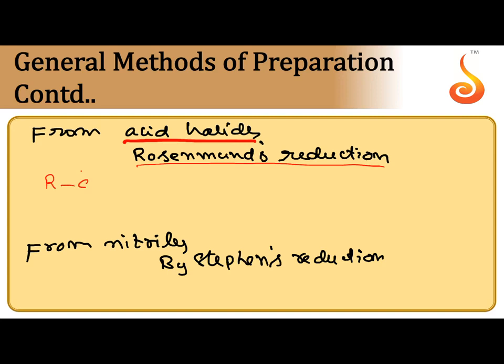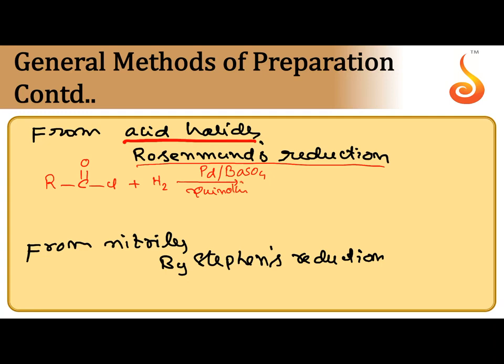When an acid halide, say acid chloride RCOCl, is subjected to hydrogenation in the presence of palladium, we can get alcohol actually, RCH2OH. So in order to reduce the catalytic activity of palladium, it is poisoned by adding barium sulfate in quinoline solvent.